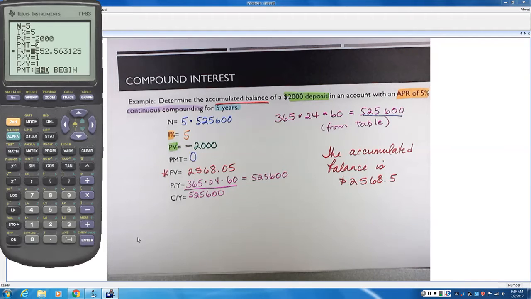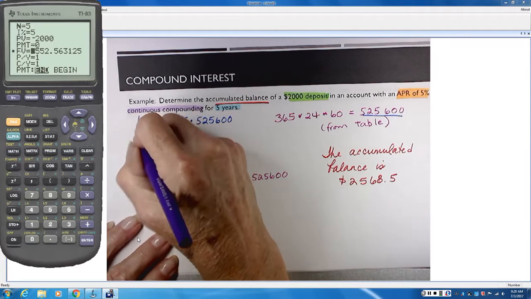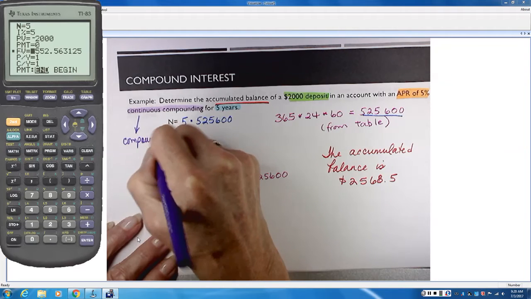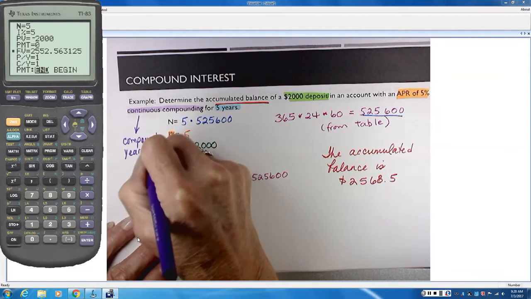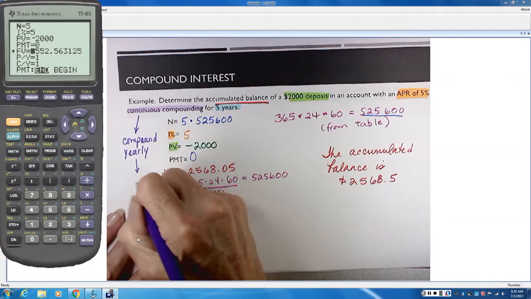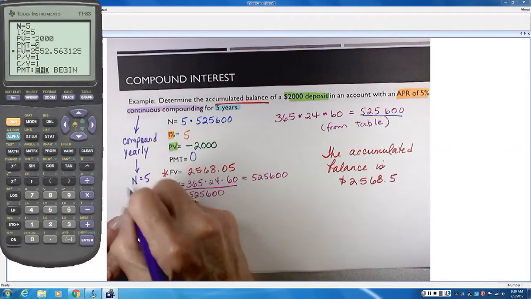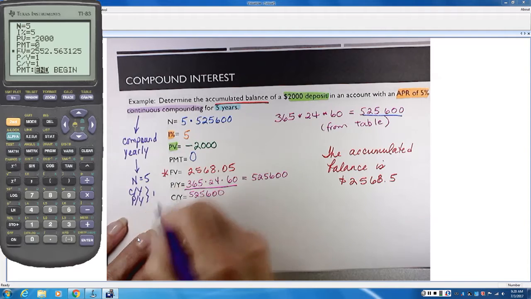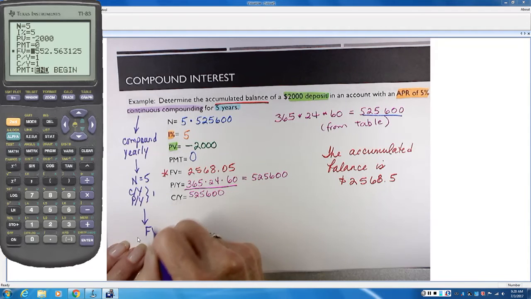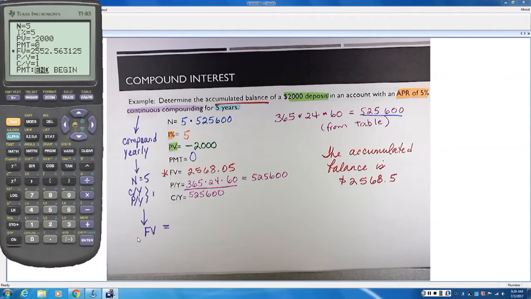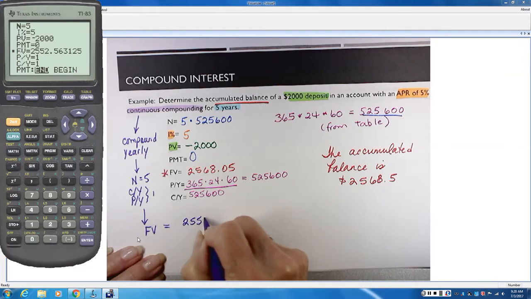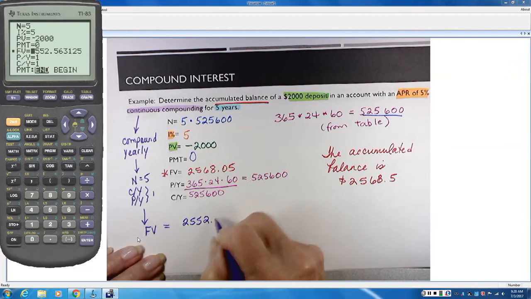And the difference is that if we do compounded yearly, n equals 5, C/Y and P/Y are both equal to 1, and that gives us a future value of 2552 and 56 cents.